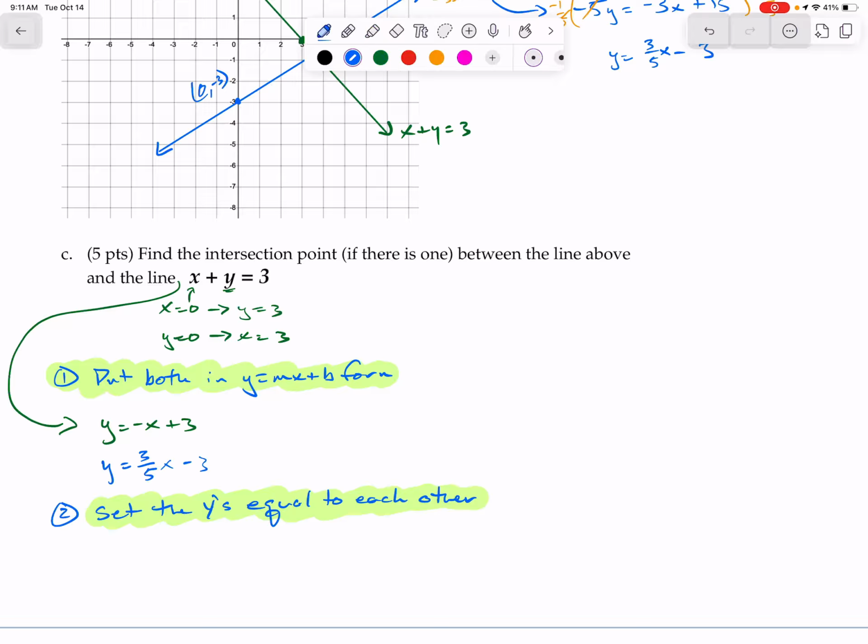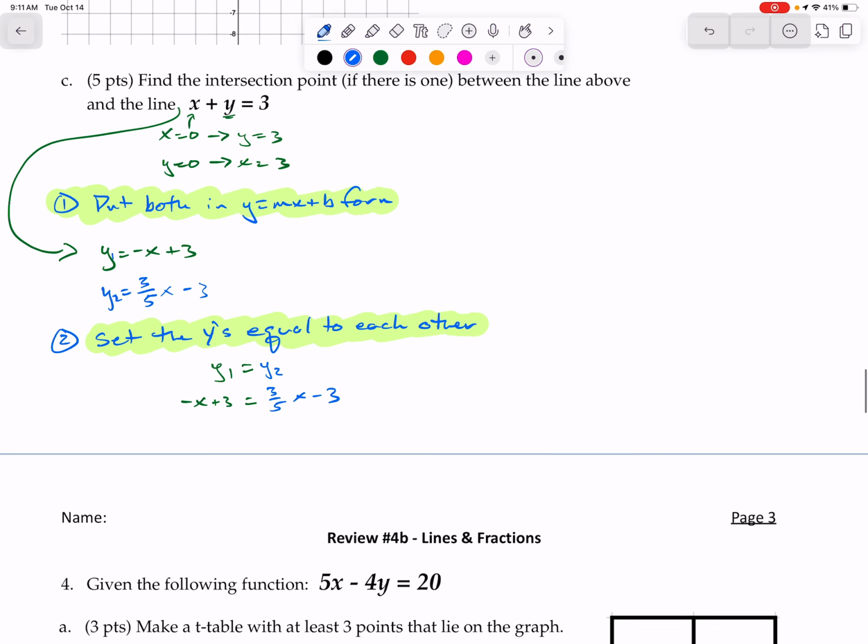So I have to find out what x makes the y's equal to each other. If I think of this as y1 and y2, then really I want the point where y1 equals y2, which means that minus x plus 3 has to equal 3/5 x minus 3. So let's solve for that.